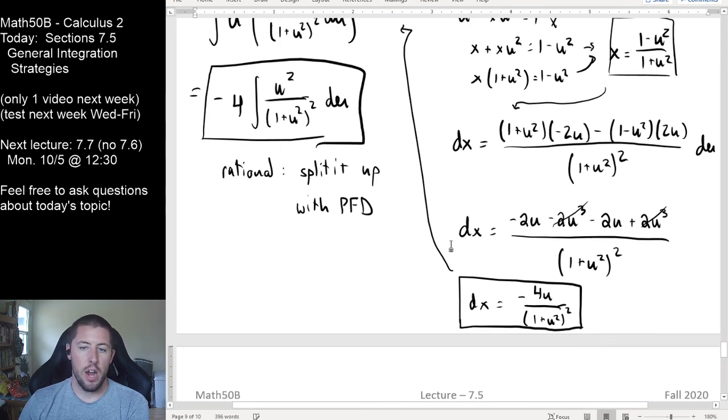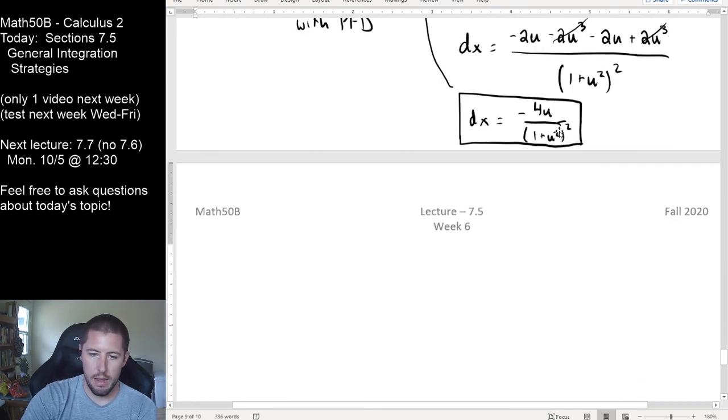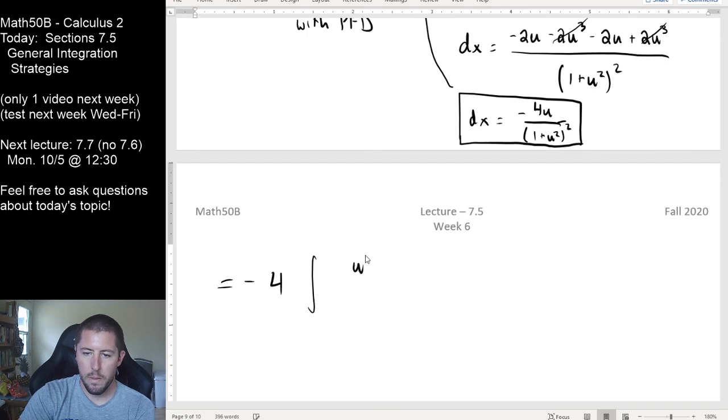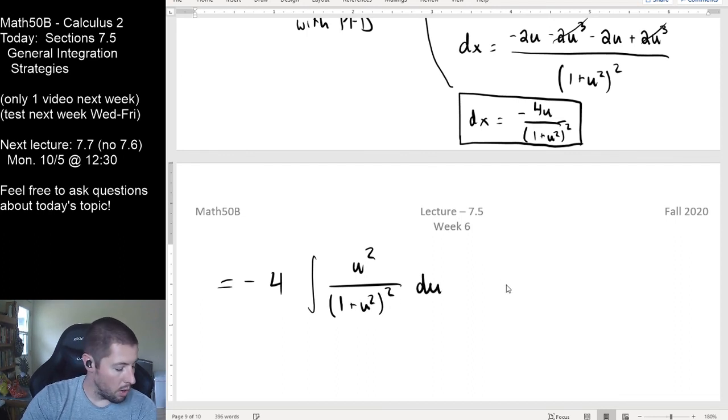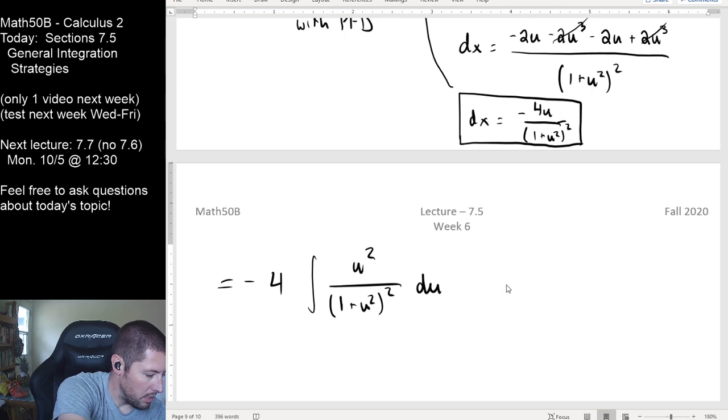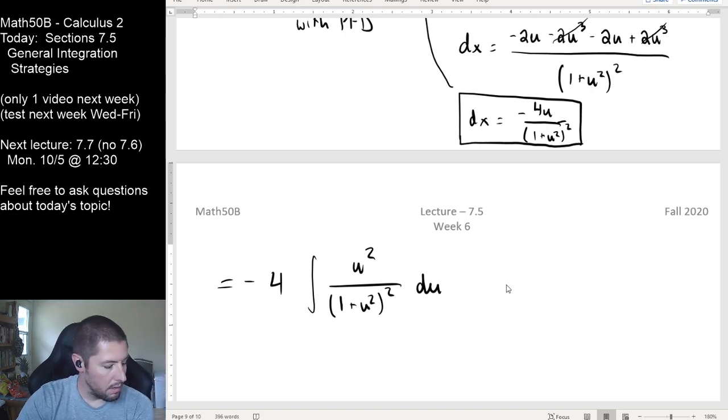So I'm going to try and deal with this with a little partial fraction decomposition. What I learned from our previous chunk is to notice that u squared on top is a little bit different.